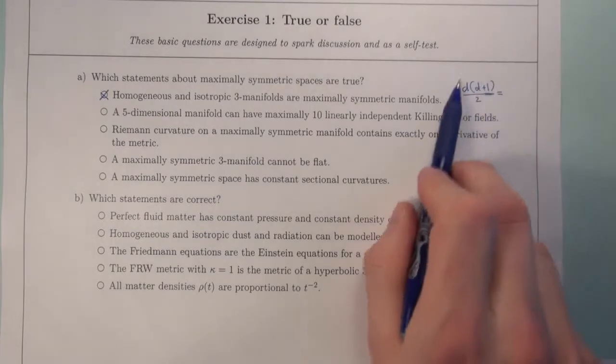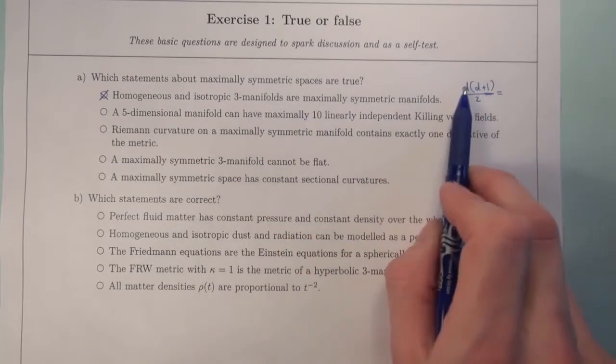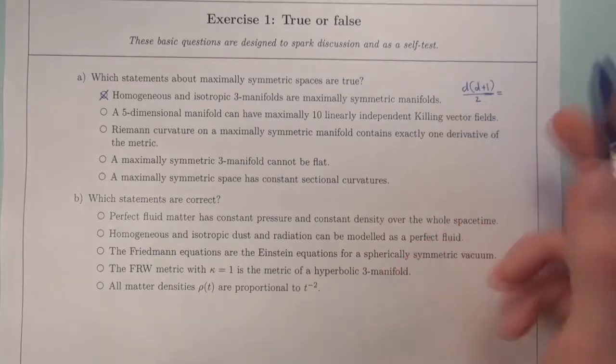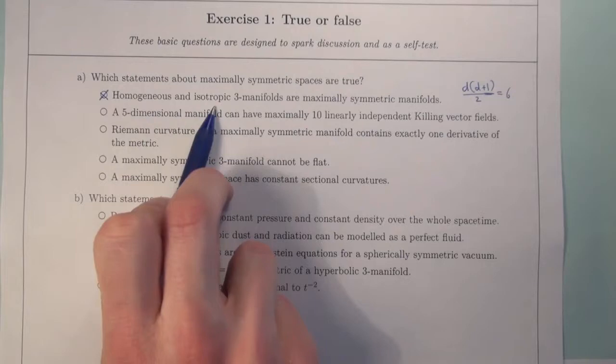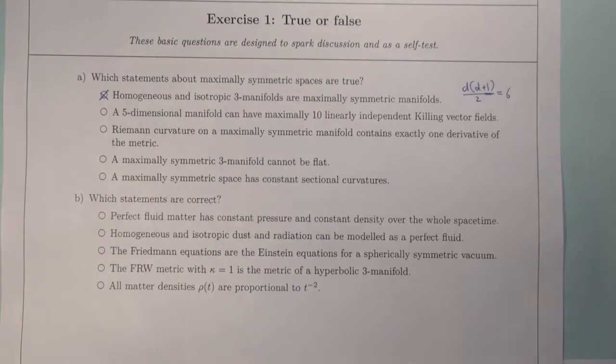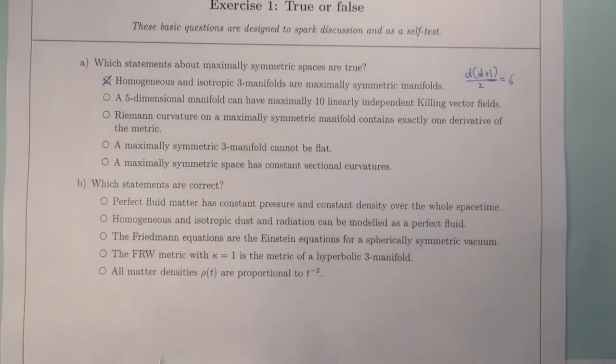Basically that's the number of independent components in the metric. And if you plug in the 3 here, that's 3 times 4 over 2, which is 6 in our case. And these are precisely these 6 Killing vector fields. So that's right. Therefore, these are maximally symmetric.